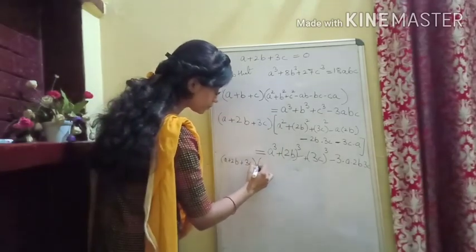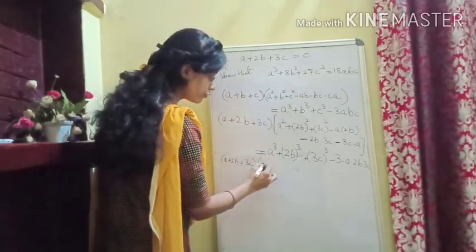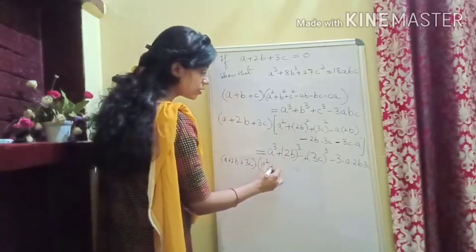Next bracket, it is A square, so first term will be A square plus 2B square.